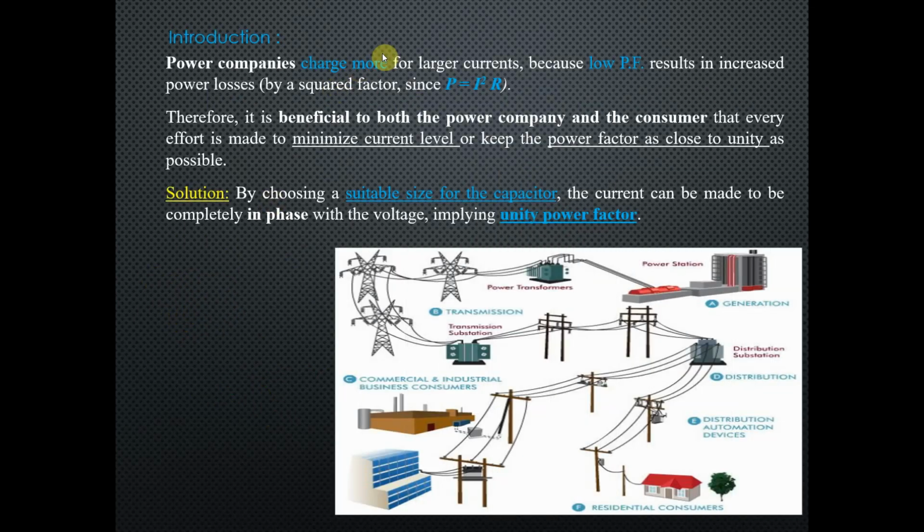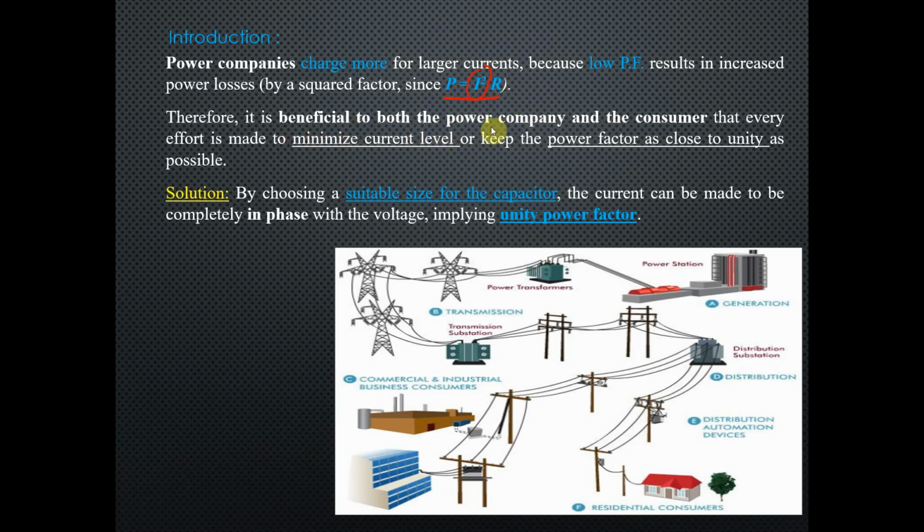Power companies charge more for larger current because a low power factor results in an increase in power loss by a squared factor, since P is equal to I squared R. So you can see here the power loss is I squared R. If your I is very high and you square it, you will have a large power loss.